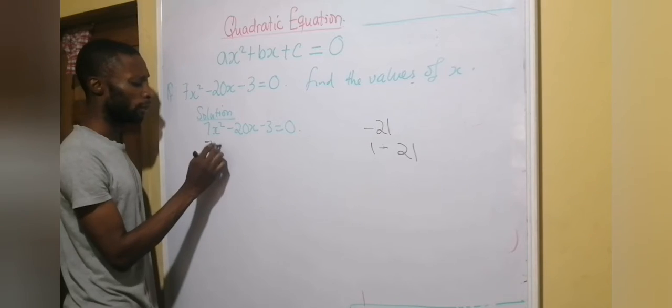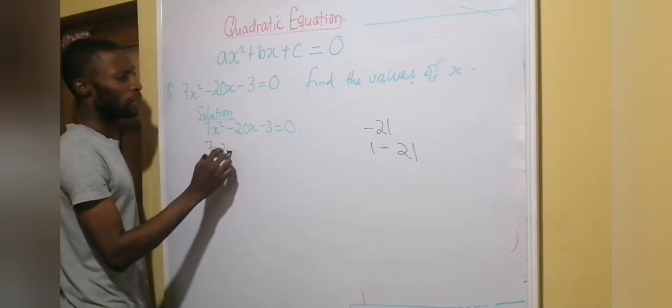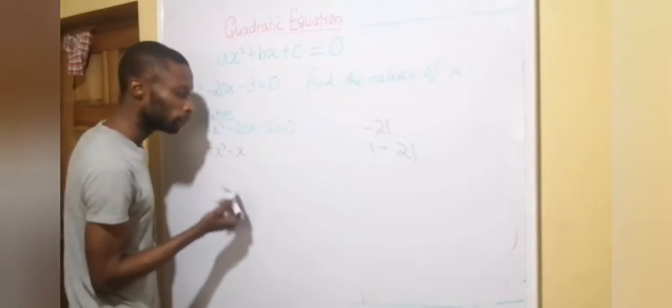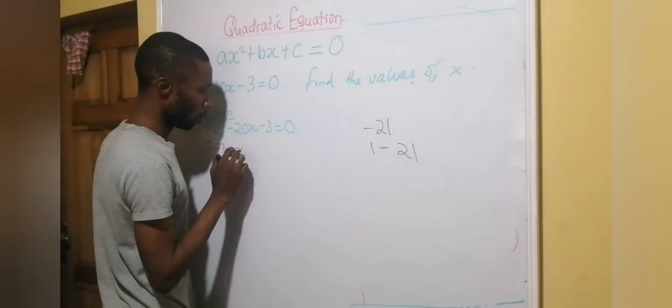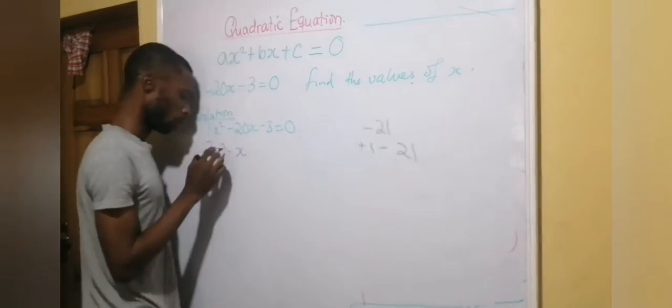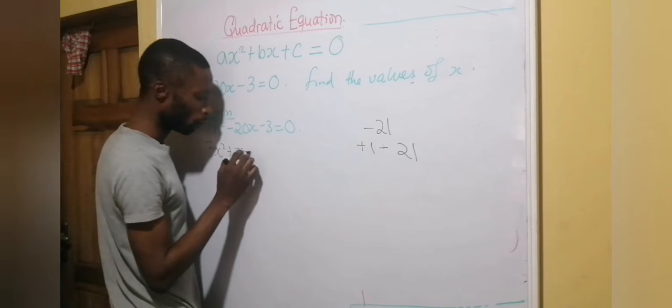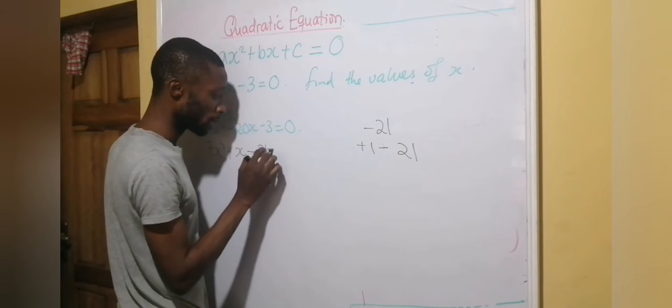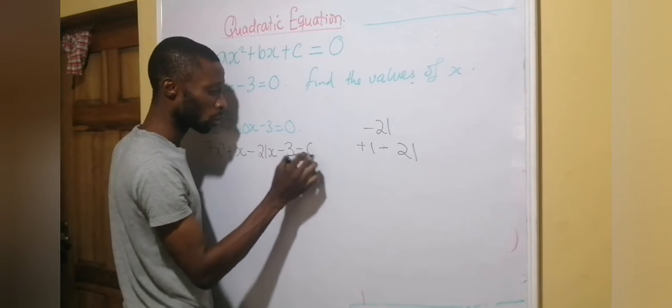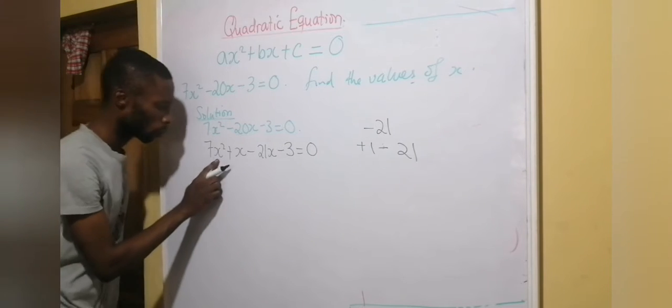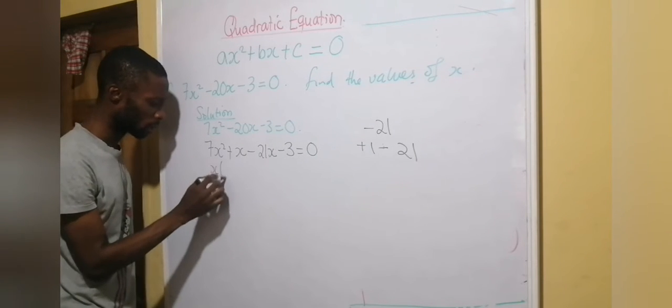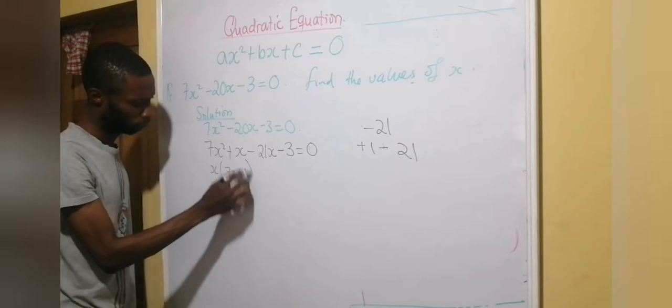So we have 7x squared plus x minus 21x minus 3 is equal to 0. Good. x is common, so you have x(7x plus 1). Minus 3 is common, so minus 3 times 7x plus 1.